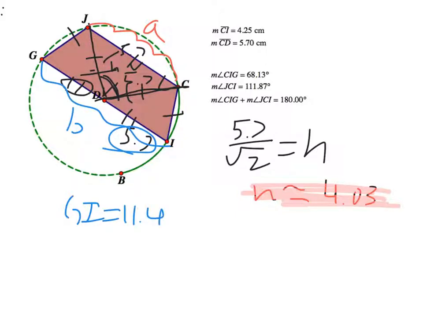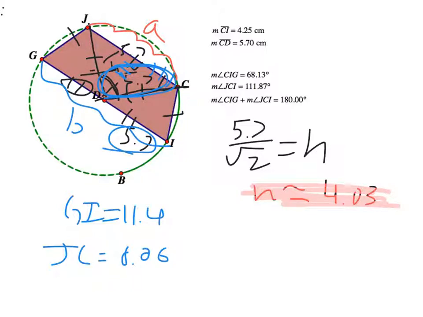And then for JC, knowing that this triangle right here is a 45, 45, 90, you know that this side has to be the same length as this side. So we can know that 2 times 4.03 is equal to JC. So JC is equal to 8.06.